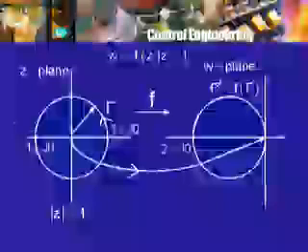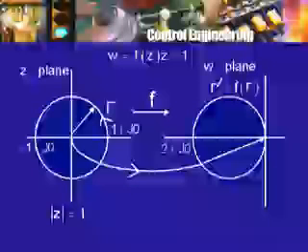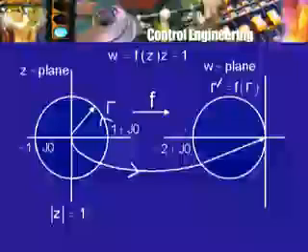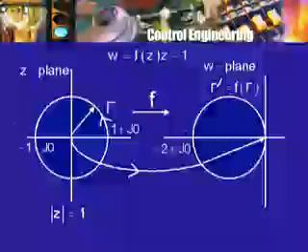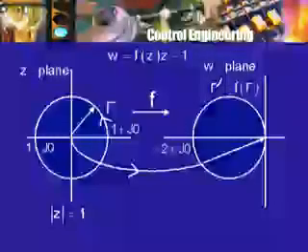Let us take another point, the other extremity of the diameter through the origin, minus 1 plus j 0. So, z is minus 1. So, what is w? W is z minus 1, and therefore it is minus 2 or minus 2 plus j 0. So, this point minus 1 plus j 0 will be mapped to the point minus 2 plus j 0. And in fact, you can now see what is going to happen.